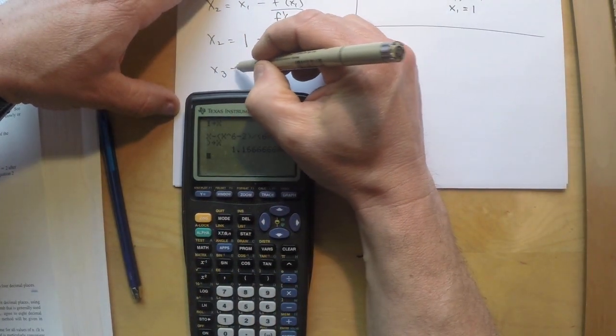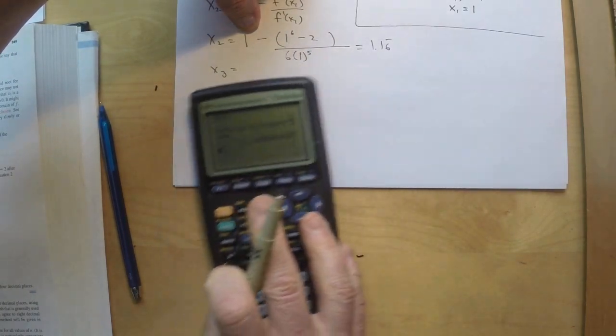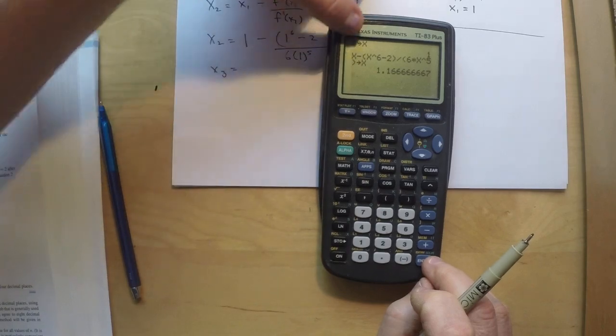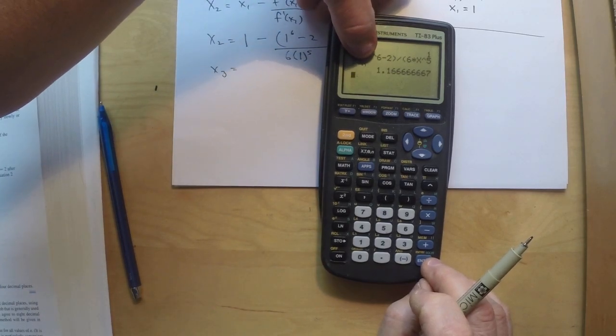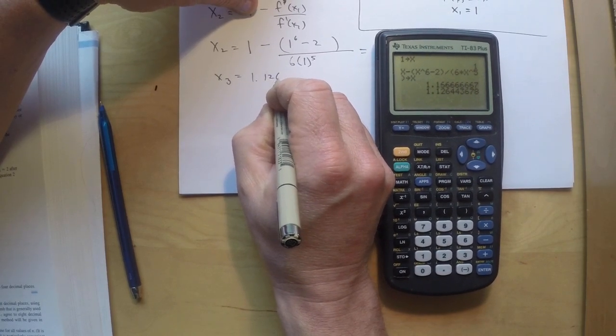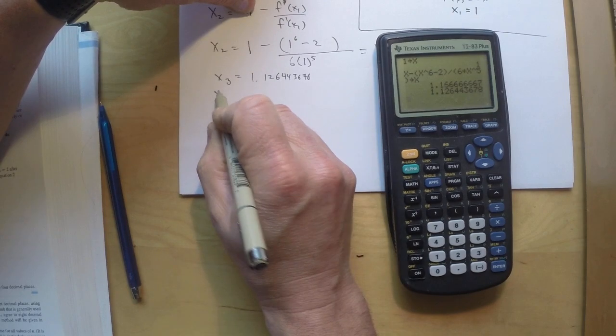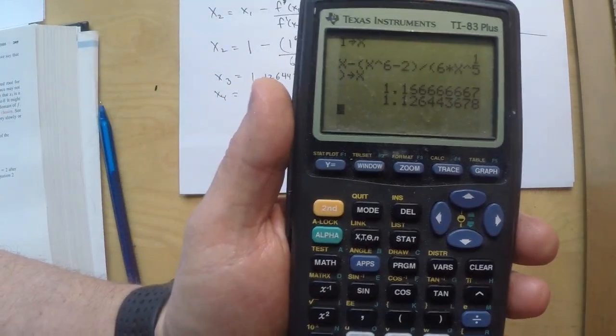The next iteration out would be me plugging 1.16 into all of these. But if I press enter again, the calculator is going to reevaluate this with the new x plugged in. And this would give me 1.126443678, and I can keep going till the cows come home.